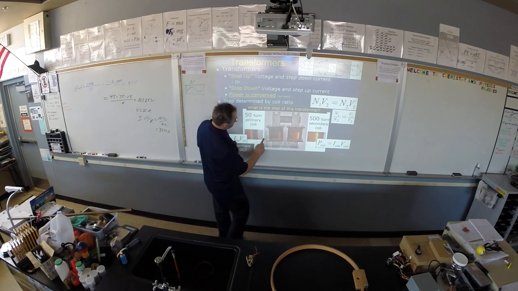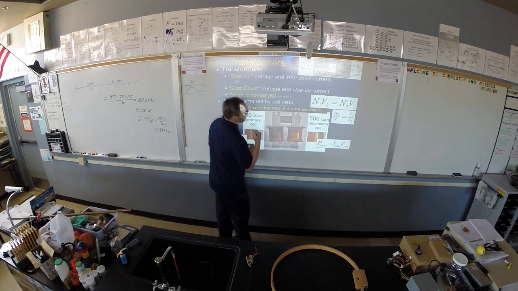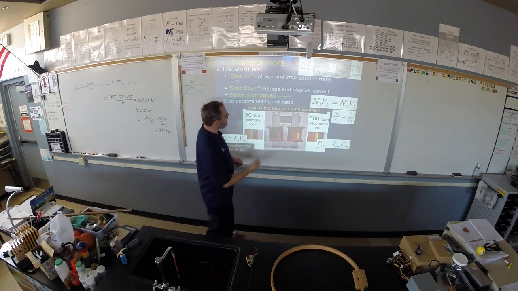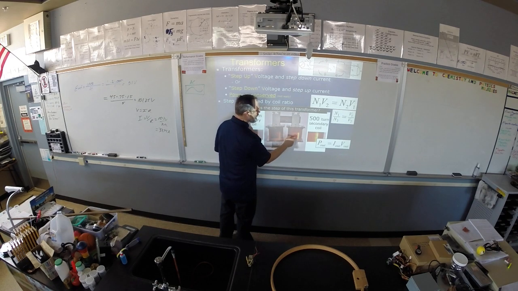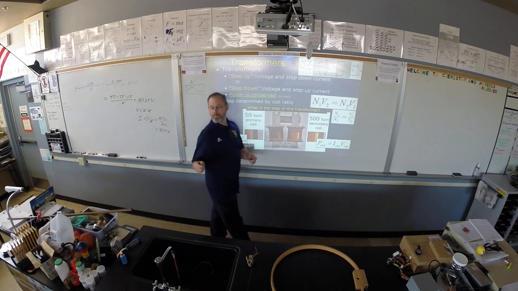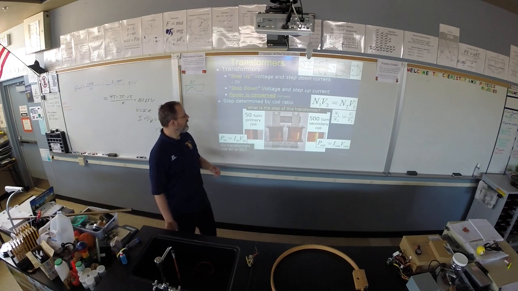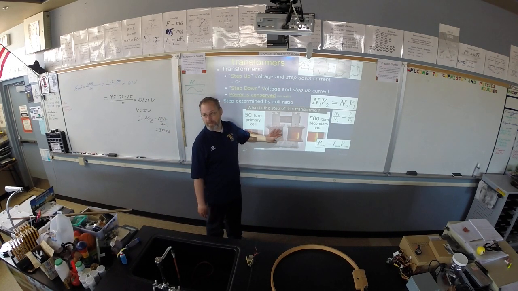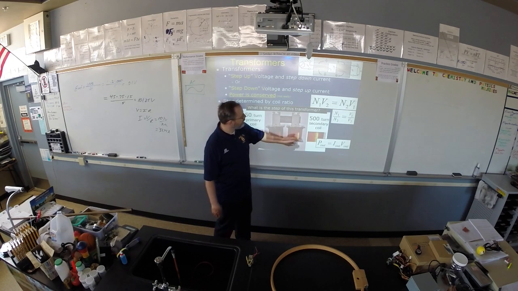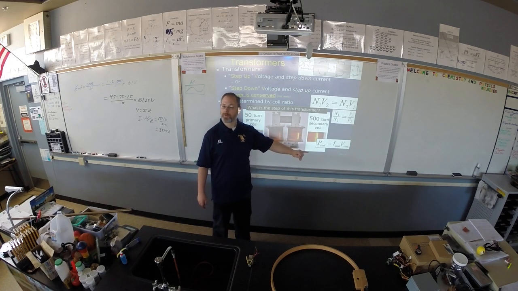So, the current goes around and around, creates a magnetic field in the soft iron core. This magnetic field in the soft iron core is translated to this coil. And the magnetic field creates a current in the second coil. But here's the crazy thing. The EMF going into this coil creates a magnetic field. That magnetic field goes into this coil and creates an EMF out.